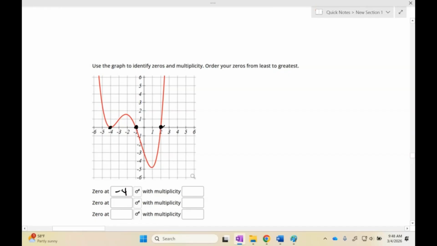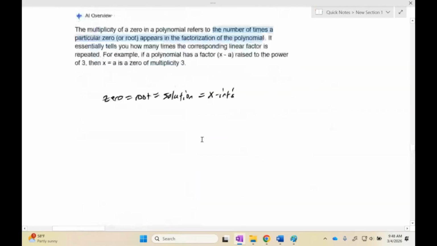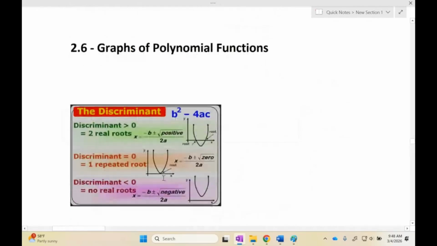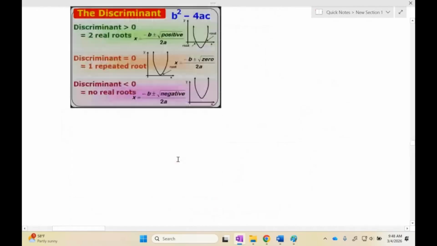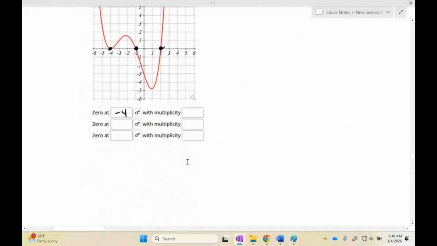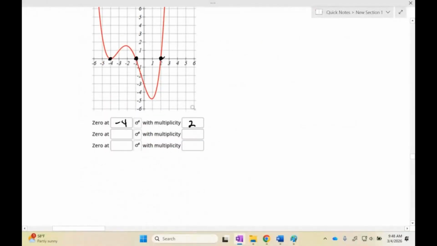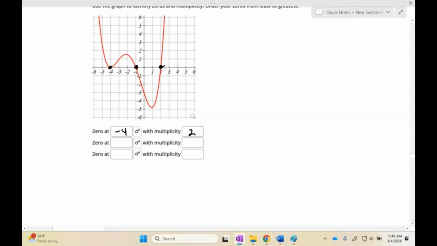What's the multiplicity? If the graph hits and bounces off, that's that repeated root thing. So the multiplicity is actually 2. If it hits and goes through the x-axis, that's a multiplicity of 1. But if it bounces off, that's a multiplicity of 2, for the repeated root.